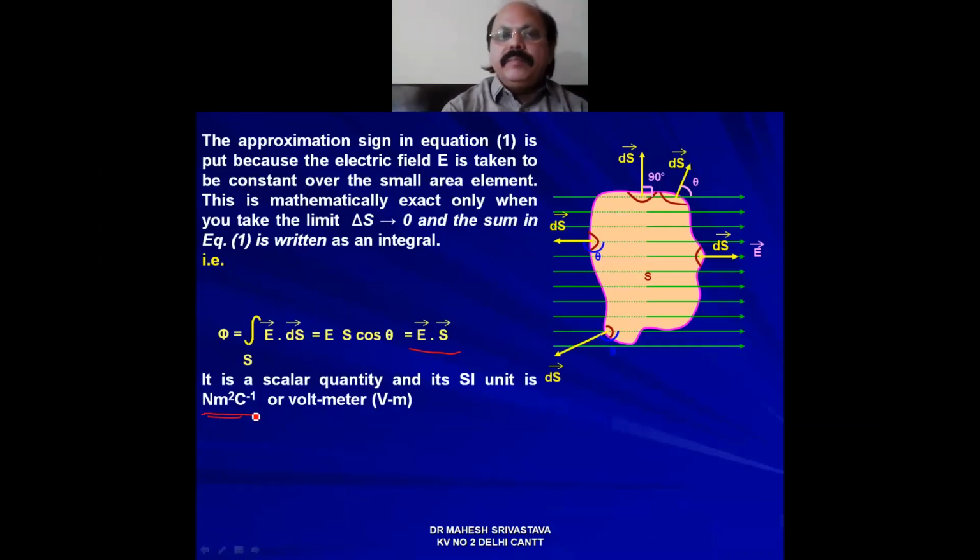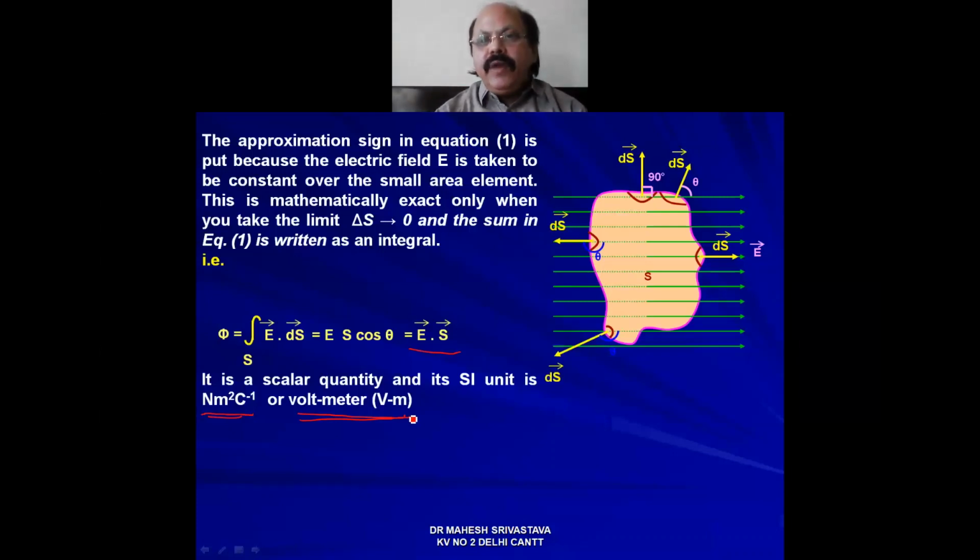Another unit of electric flux is also volt meter, and that you will understand when you find a relation between electric field intensity and electric potential. From there you get a relation between electric field intensity and electric potential. So from there we calculate this unit of electric flux.